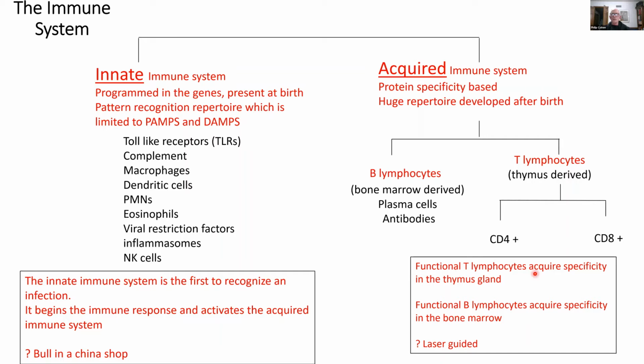Functional T lymphocytes acquire specificity from the thymus gland, and B lymphocytes acquire specificity from the bone marrow. And in contrast to a bull in a china shop, I think I use the aphorism that this is like a laser-guided set of tools.